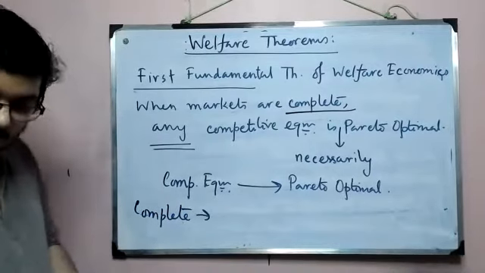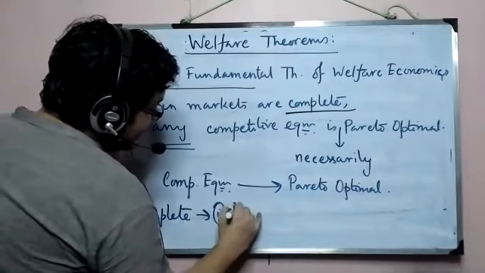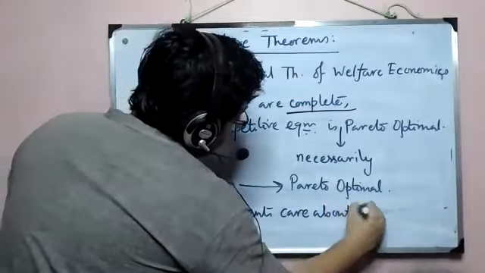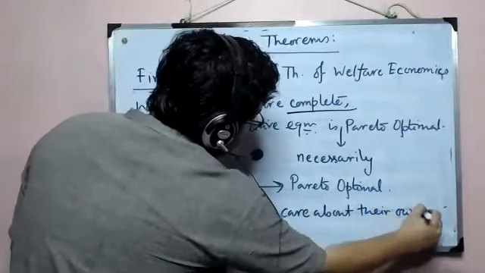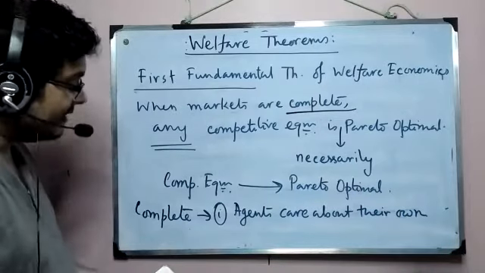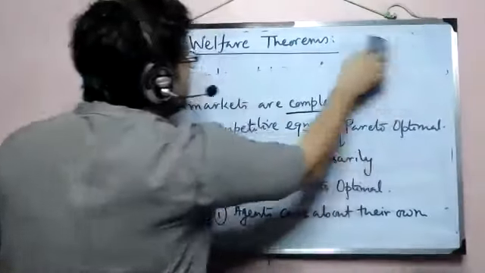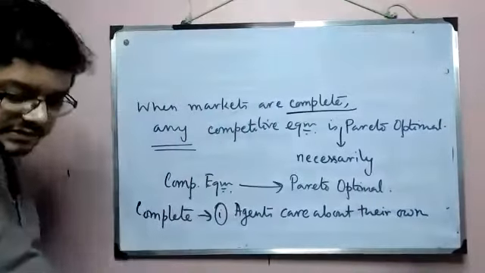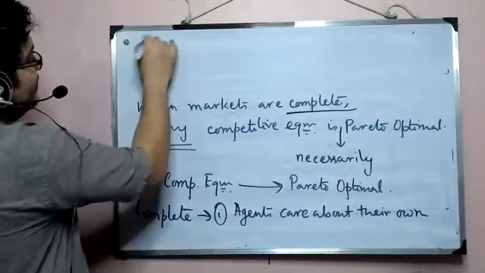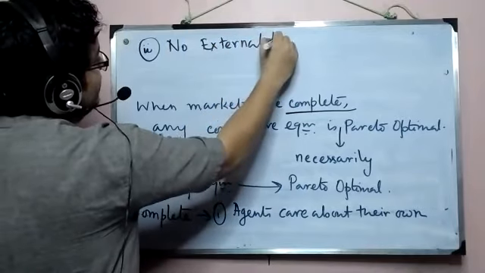that number one is agents are selfish. Okay, that's a bad word. So we write it like this: agents care about their own. So that's like using a lot of words. You are basically saying that agents are selfish. Number two is that there is no externality, and that means I'm not consuming something in such a way that it is actually reducing your utility, right?